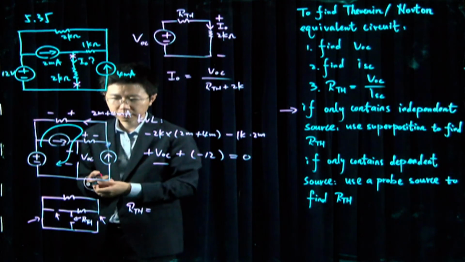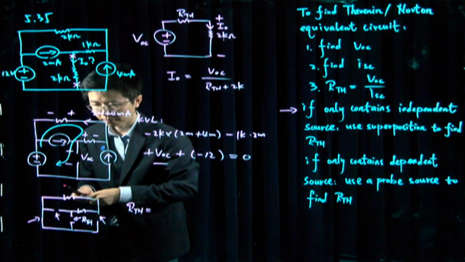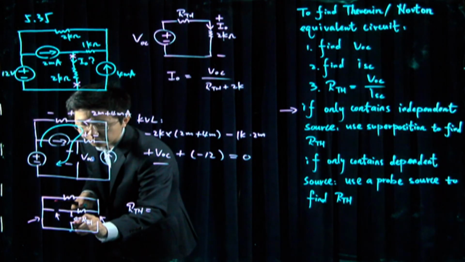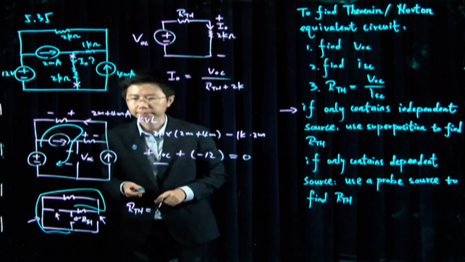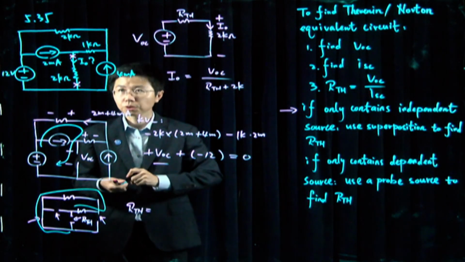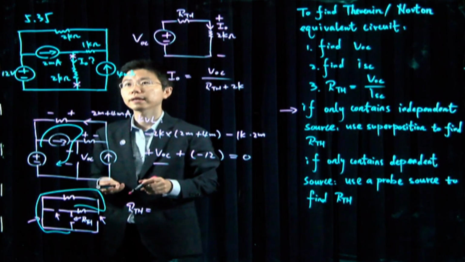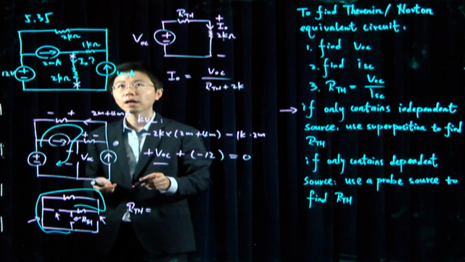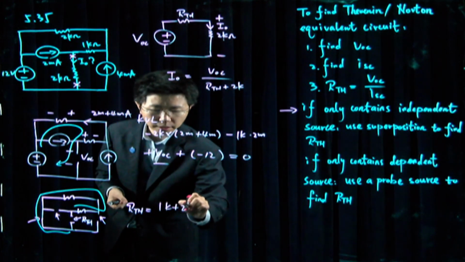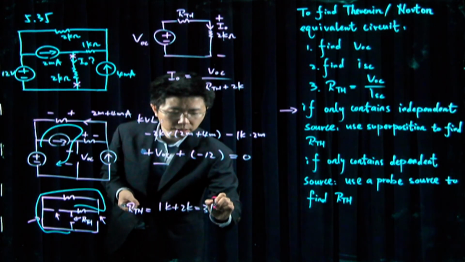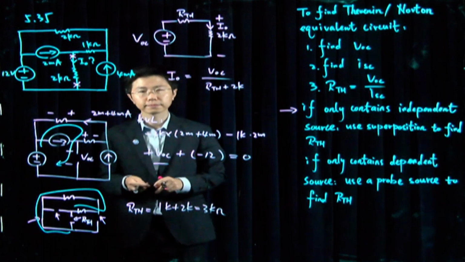If you're looking at this, there are indeed 2 resistors in series. So with this observation, I can directly compute my Thevenin equivalent resistance: this 1K plus 2K, 3K ohm.